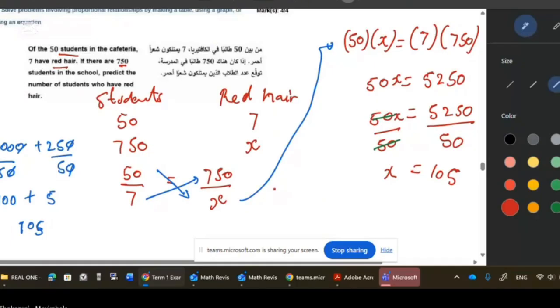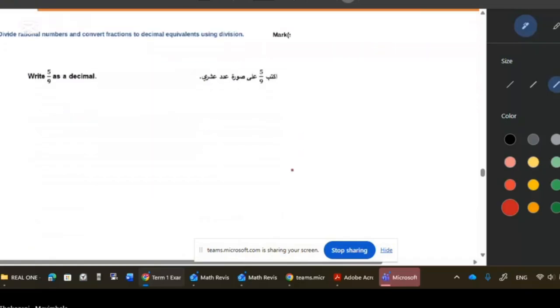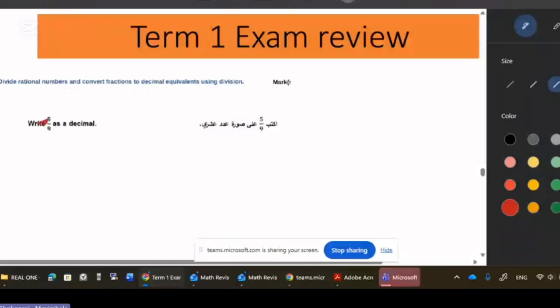And remember, if they give you something like this, let's say they gave you a ratio like this, and then they say that the total is maybe 810.